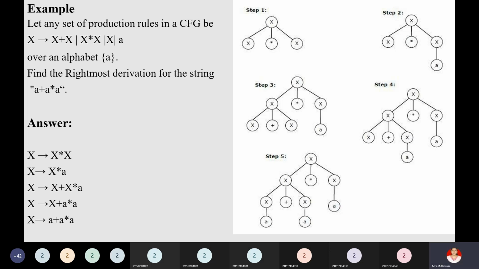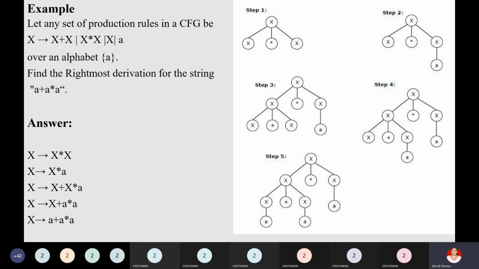Then you have only one non-terminal. This non-terminal can be replaced by the production rule X plus X. Here you have two non-terminals, so choose the right one. The right side X is chosen and replaced by a. Again you have only one that can be replaced with a.